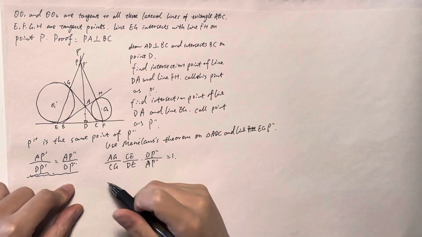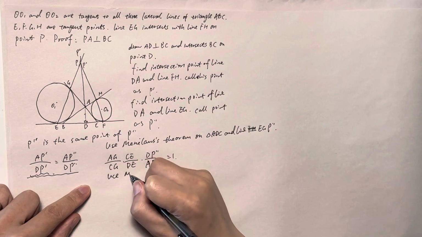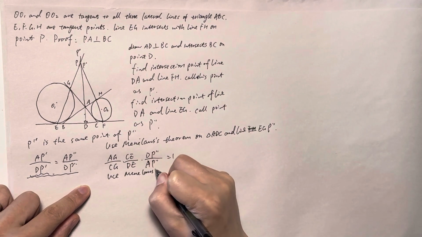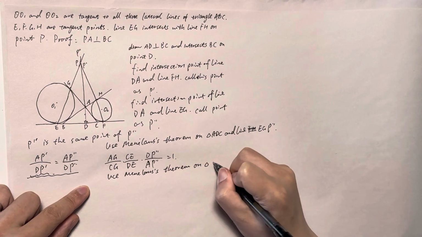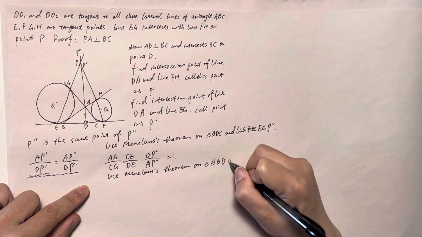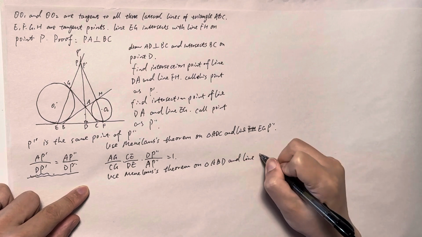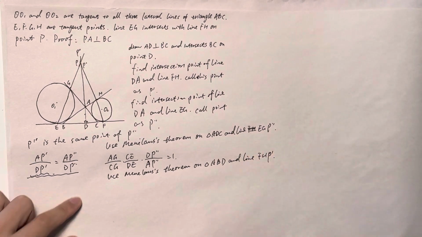And for the left half, we can use Menelaus theorem on the triangle ABD and the line FHP prime.